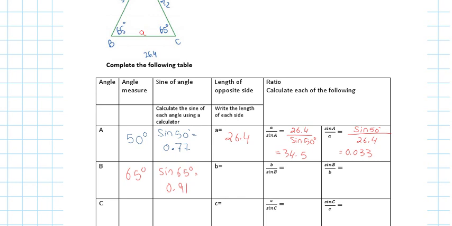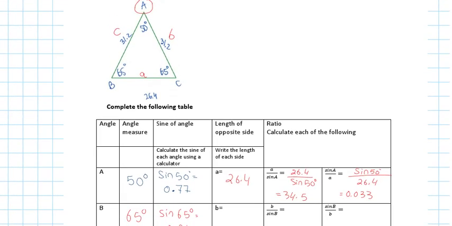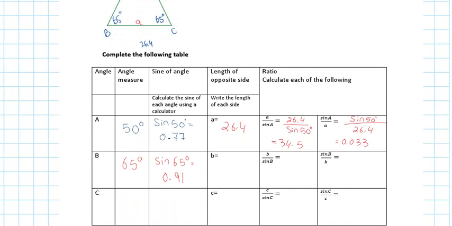What's the measure of side B? 31.2. Now on the calculator, you're going to do B over sine B. So 31.2 divided by sine 65. What do you get? 34.4.